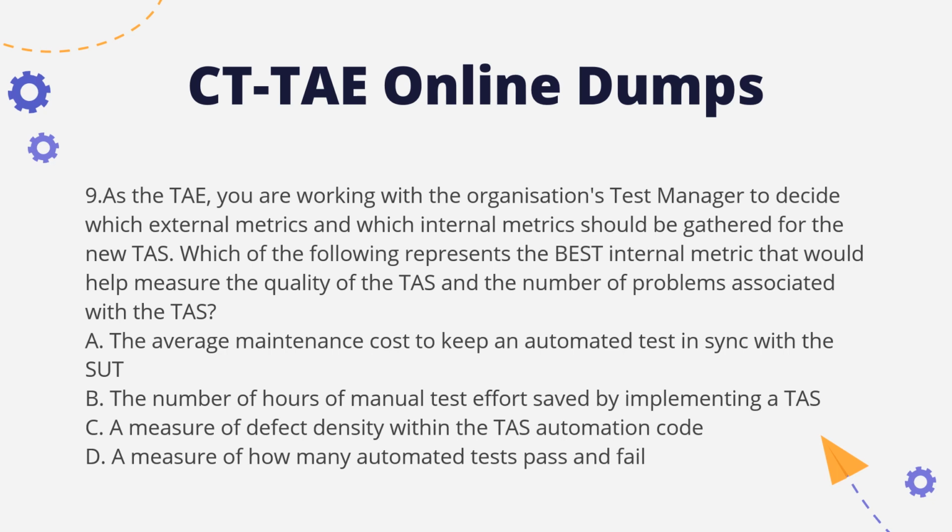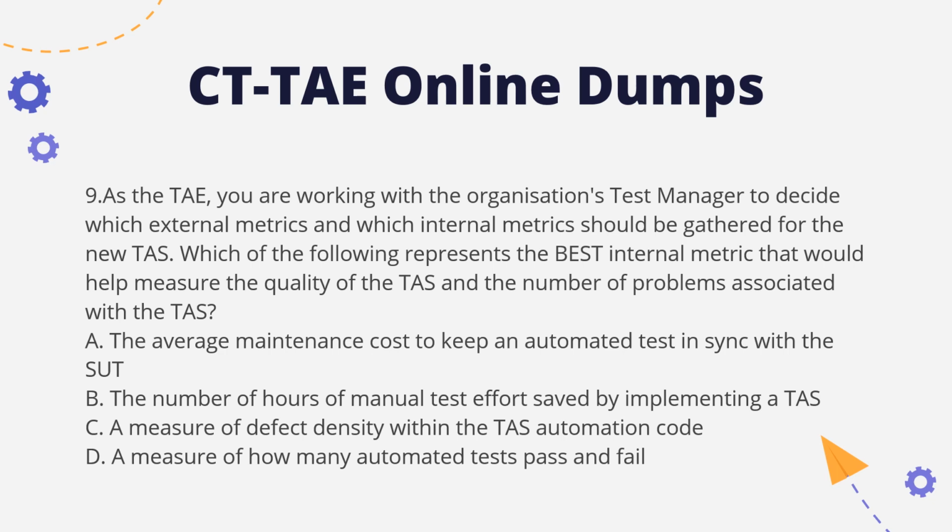9. As the TAE, you are working with the organization's test manager to decide which external metrics and which internal metrics should be gathered for the new TAE. Which of the following represents the best internal metric that would help measure the quality of the TAE and the number of problems associated with the TAE?